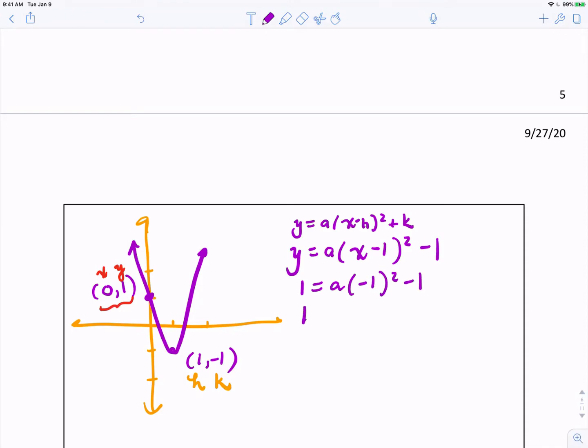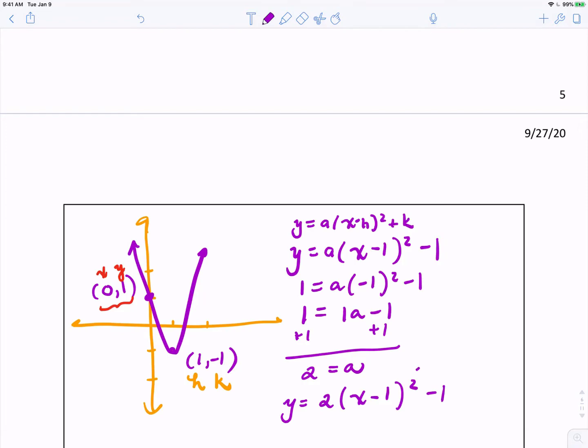In other words, 1 = 1a - 1. We add 1 to both sides, then divide, and find that a = 2. Again, this parabola opens upward, so a is positive. Our final answer is y = 2(x - 1)^2 + -1. This would be the equation of that parabola.